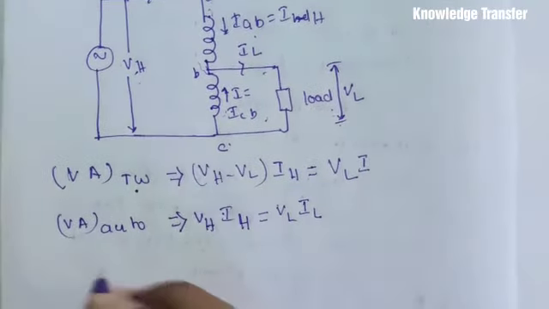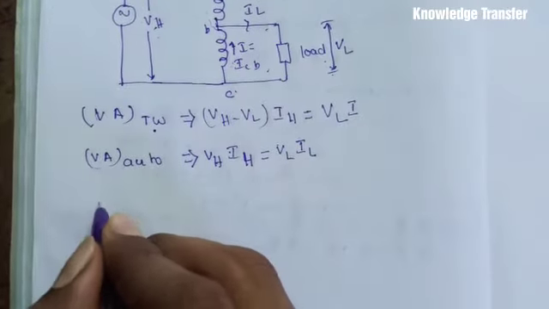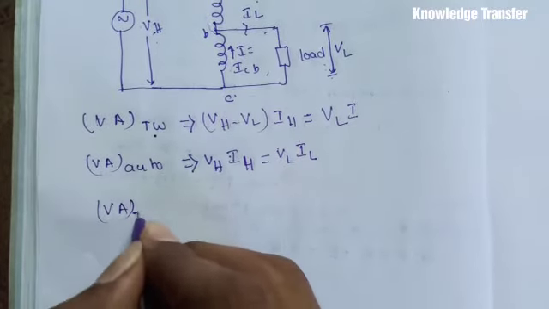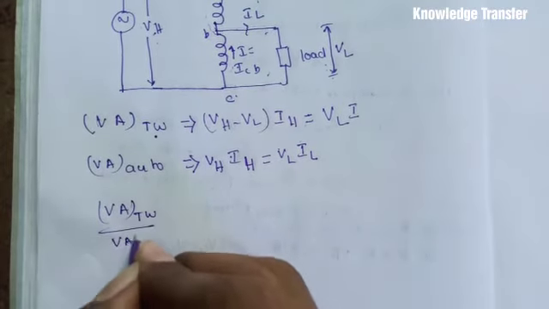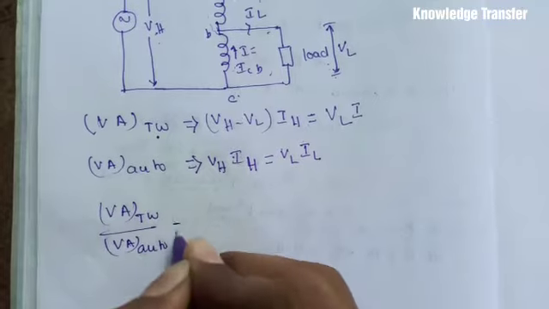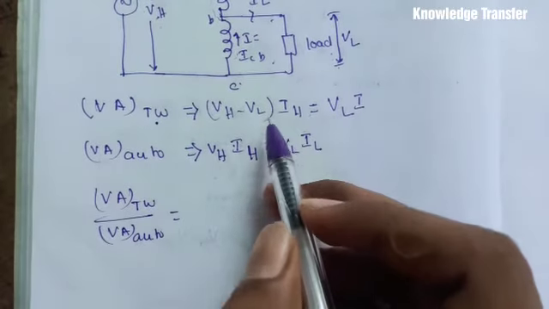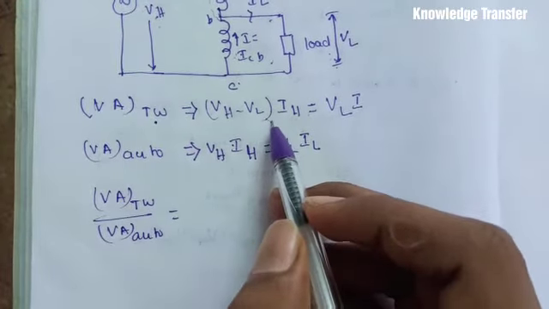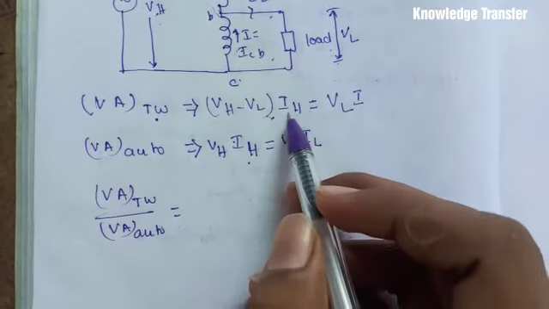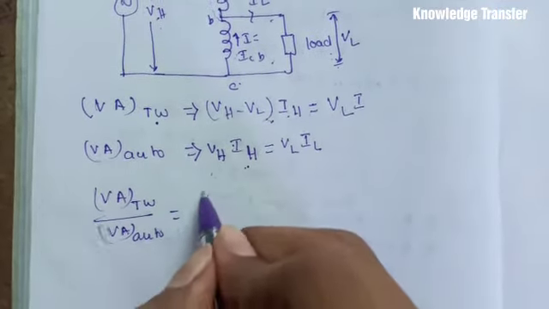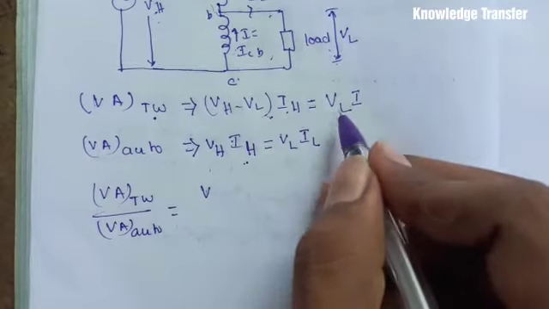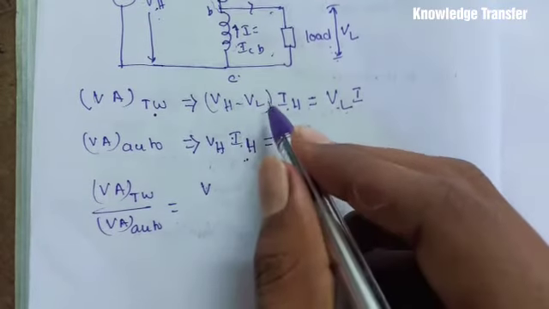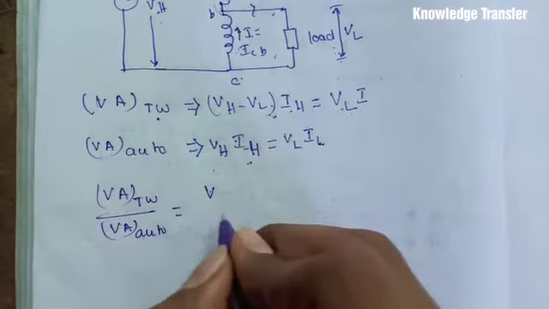That's why, to compare the volt ampere ratings, I will take the volt ampere of the two winding transformer divided by the volt ampere rating of the auto transformer. I will take these two equations and compare them.